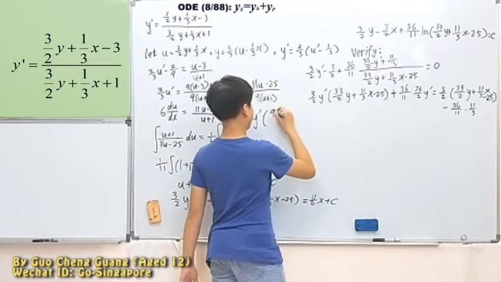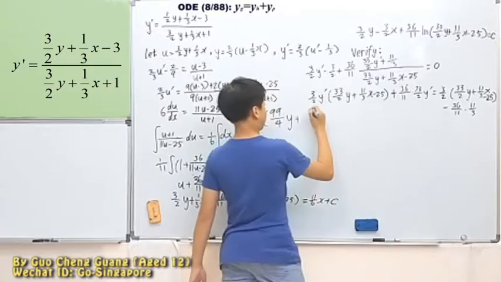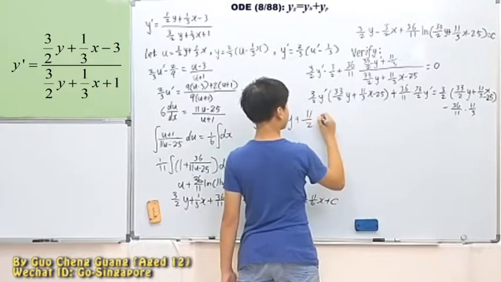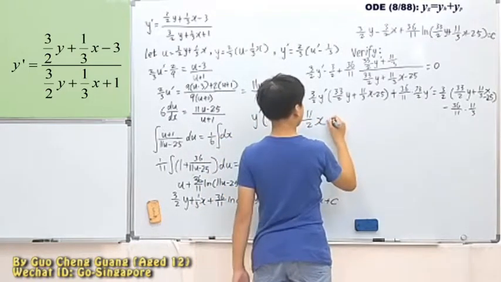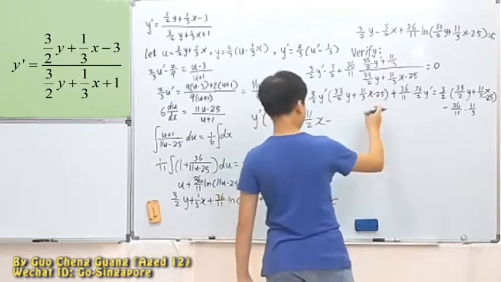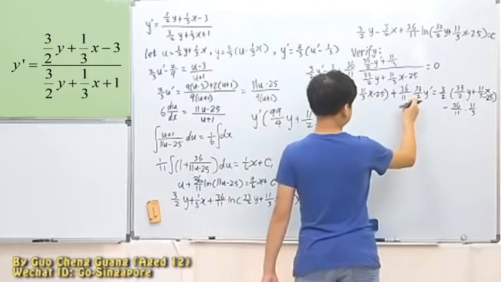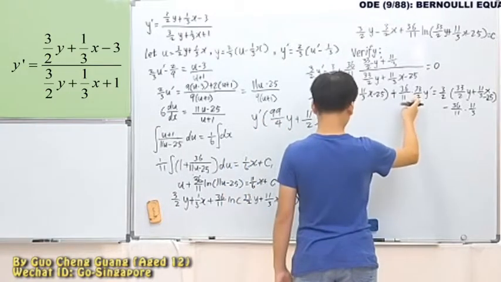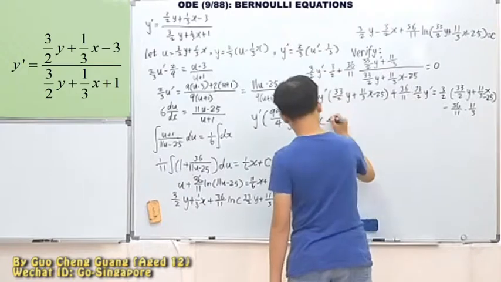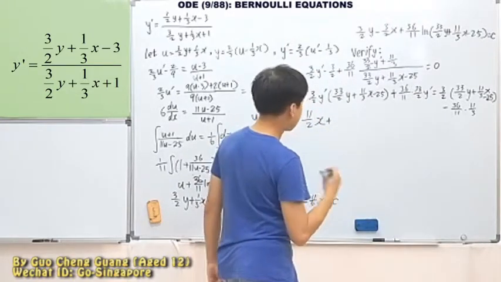Here will be 99 over 4 y, plus 11 over 2 x. Then, wait a second, is this minus or plus? Here you get 75 over 2 and here 54. Obviously it's a plus. But plus how much?